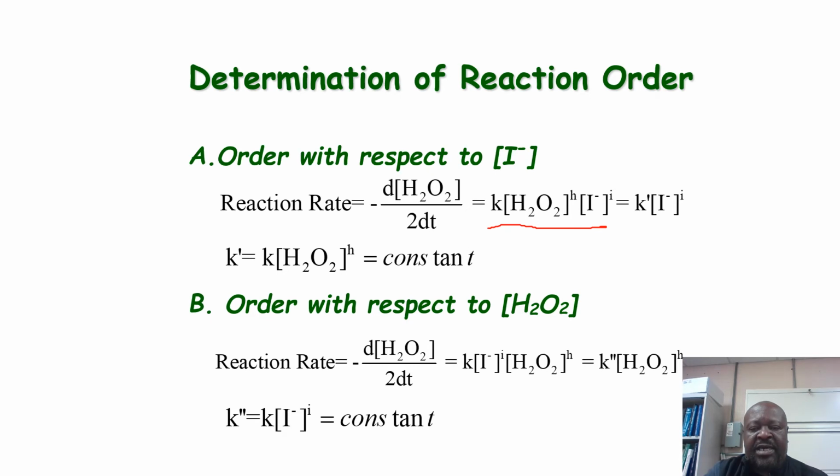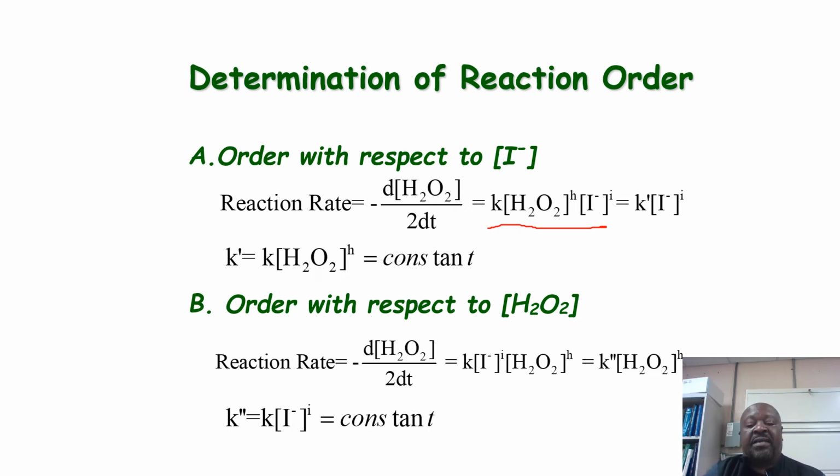Here's hydrogen peroxide raised to the order of reaction H. Here's the iodide raised to the order of reaction I. If we keep the hydrogen peroxide constant as we compare the various runs, then this just becomes a constant, and we're looking at the variation with I. So if we double the I and the rate doubles, then we know I is 1. If we double the concentration of the iodide, I minus, and the rate goes up by a factor of 4, then we know I is 2.